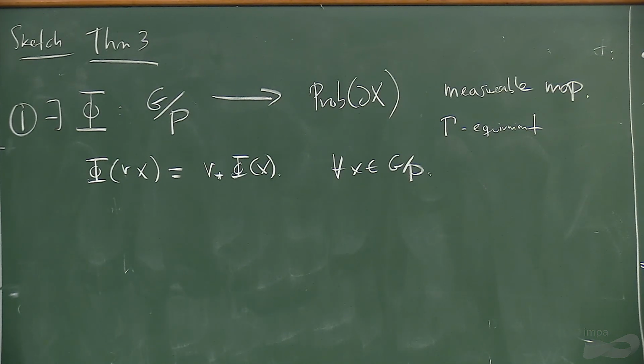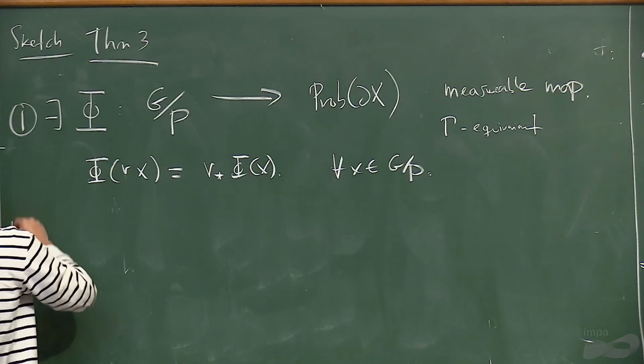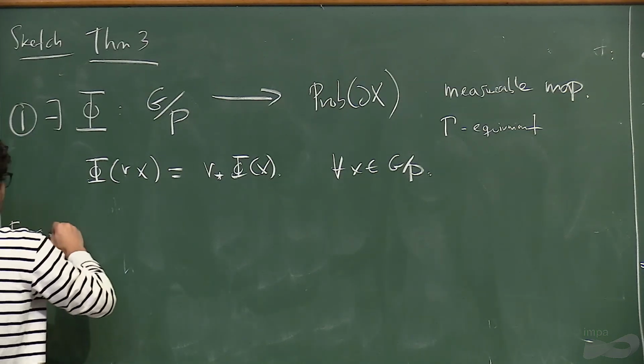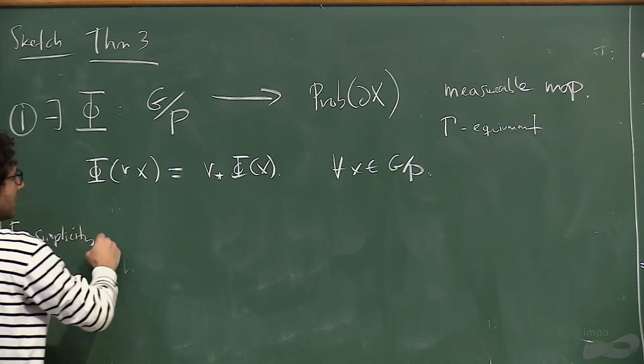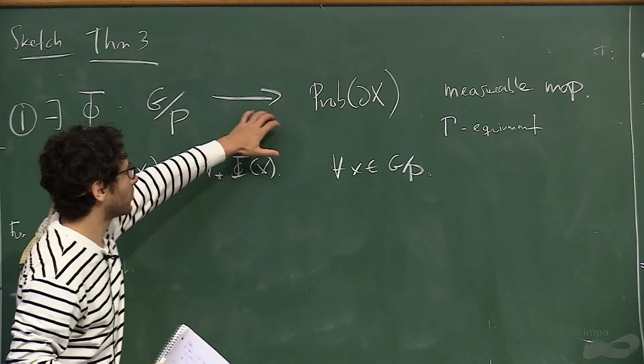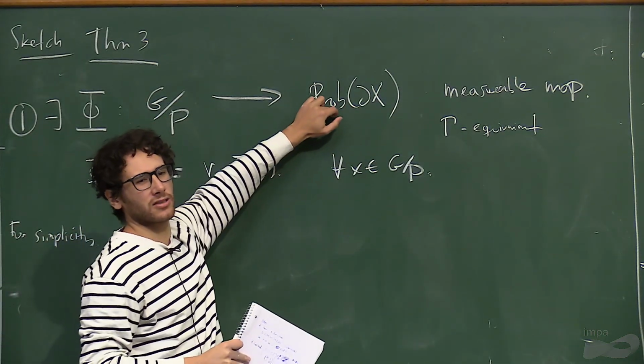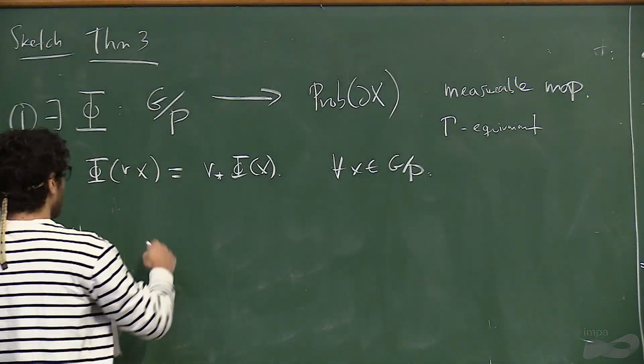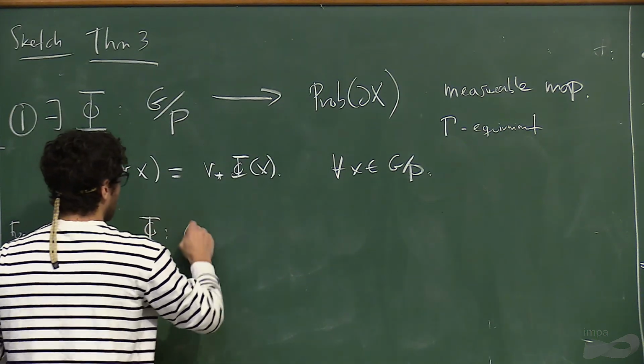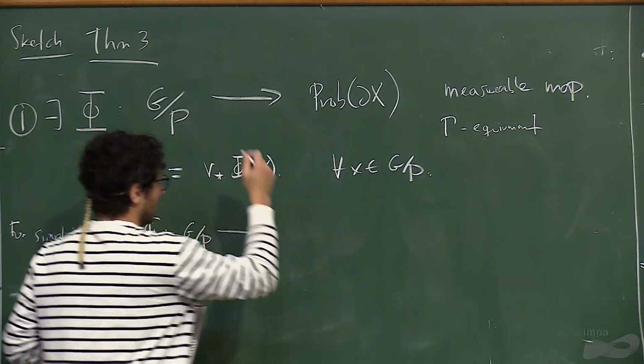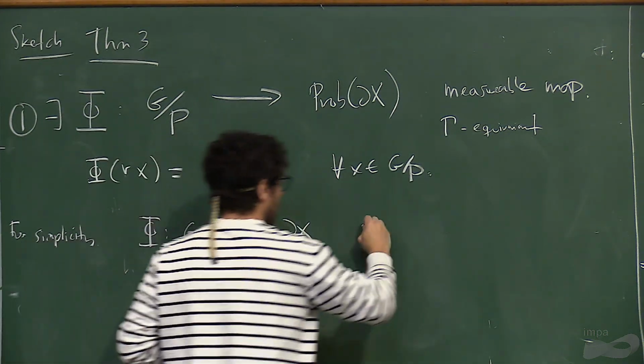Now, for simplicity, let's assume that we actually get a map to the boundary and not to the probability measures. So assume we just have some measurable map into delta x.